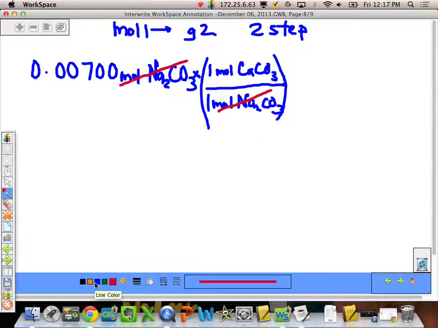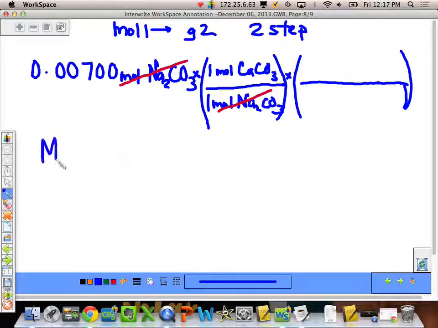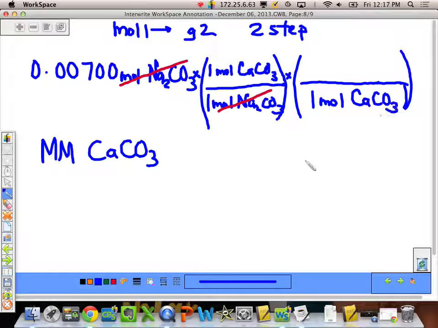So this is where I get to my second step, and I have to go from moles to grams, both of calcium carbonate. So where am I going to get some information? Yes, thank you, pointing at the periodic table. I need to figure out the molar mass of calcium carbonate, CaCO3. And on the bottom, what would I have? 1 mole of CaCO3.